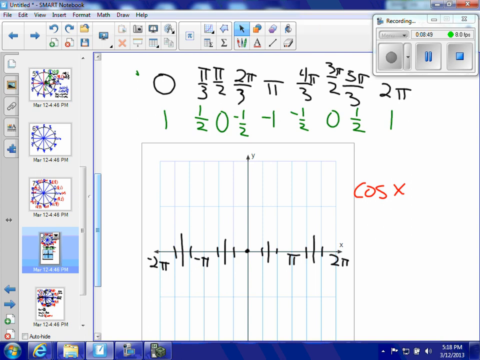Well, let's see what my points look like. At 0, cosine is equal to 1. And at pi over 3 right here, it's equal to a half. And at pi over 2, right there, it's equal to 0. 2 pi over 3, it's equal to negative 1/2.